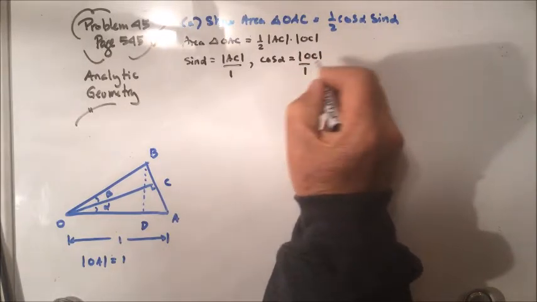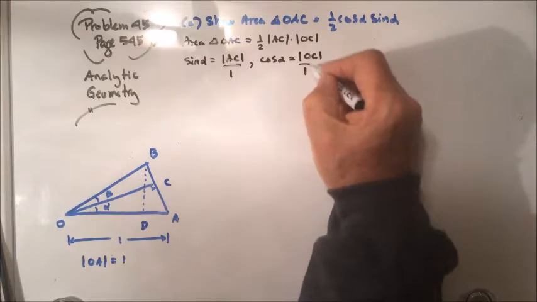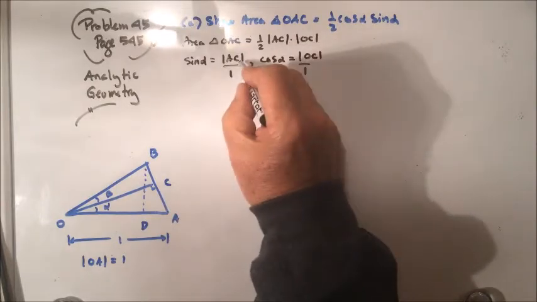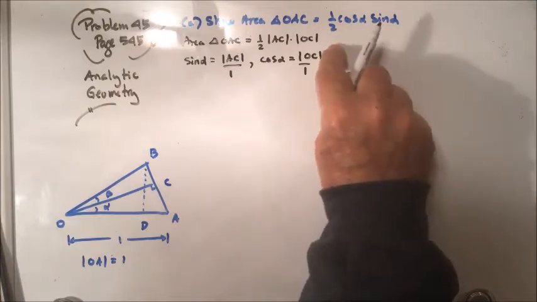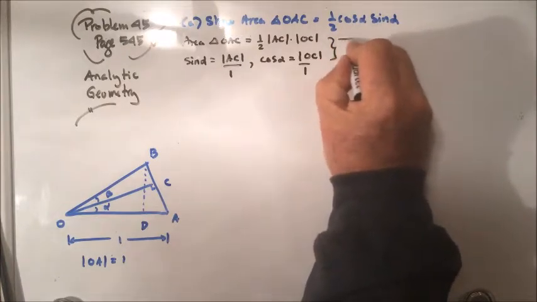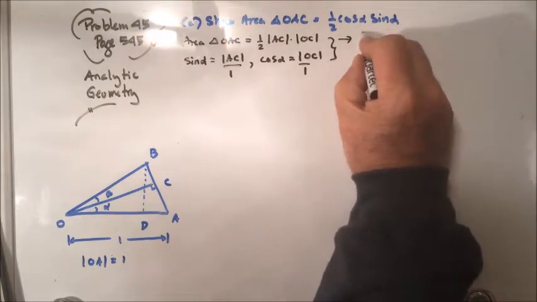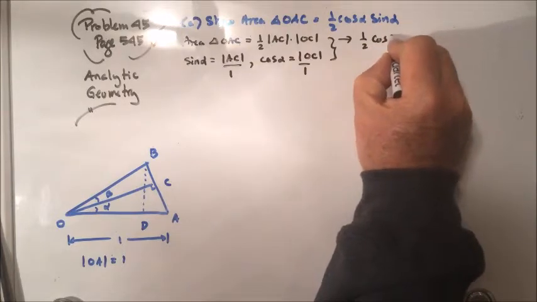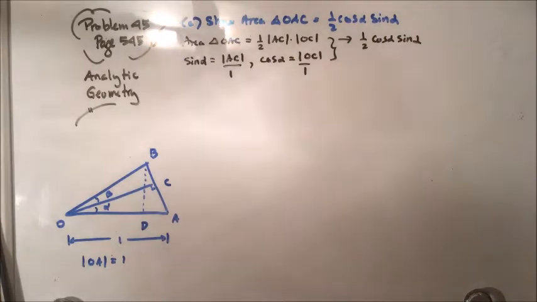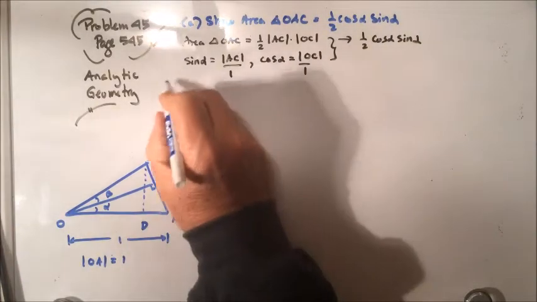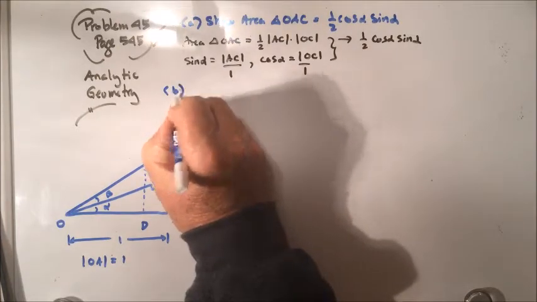OC all over 1. And so look at this: OC is cosine alpha, AC is sine alpha. So sure enough, this area is just 1/2 cosine alpha sine alpha, which you were just asked to show. Okay, so that's part A.